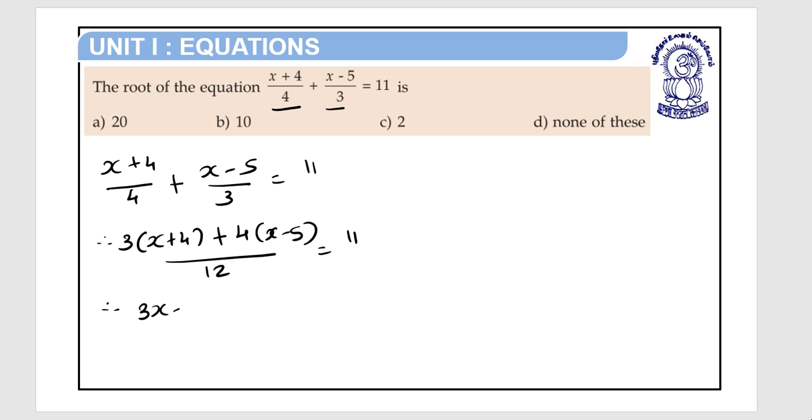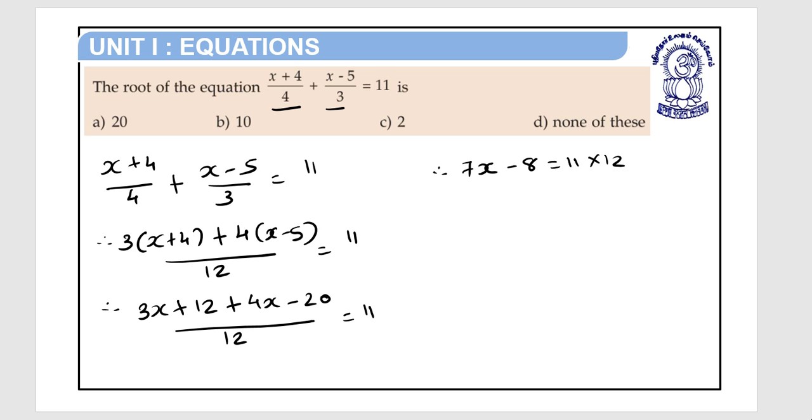So, 3x plus 3 4s are 12, 4x minus 4 5s are 20 is equal to 11. So, 3x plus 4x, 7x, 12 minus 20 minus 8, 11 into 12.